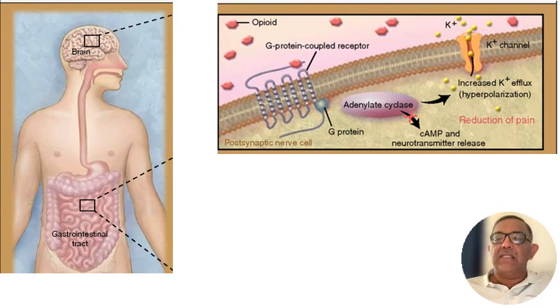Whereas these actions reduce the transmission, the blockage of the mu-opioid receptor in the GI tract causes changes in gut motility and water secretion and absorption that may result in constipation and contribute to the development of postoperative ileus. In the GI tract, these effects can be blocked by a medication called alvimopan.